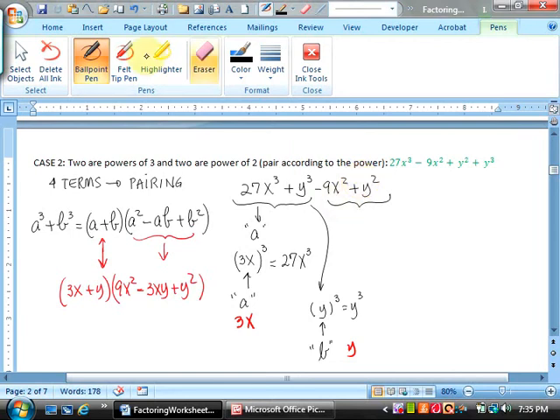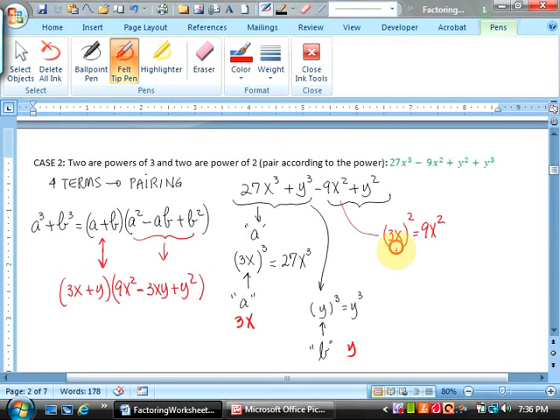Note that here, for this case, we have a number that when I square, I get 9x squared. So who is inside the parentheses? Well, 3 squared is 9 and x squared is x squared.